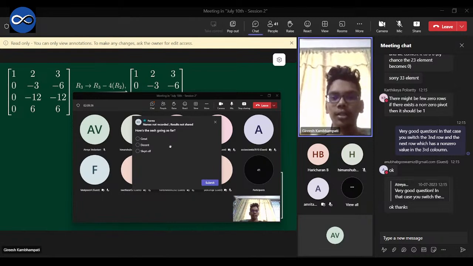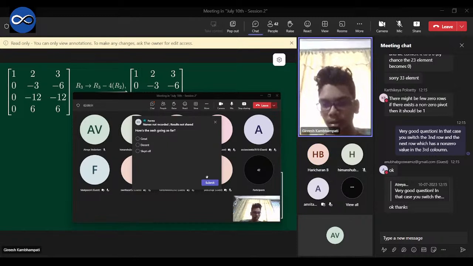How to stop annotation? I was stuck with that. I'm unable to change the slide. You stop sharing and share again. Select one of the options and click submit.